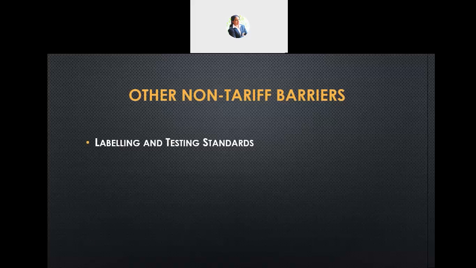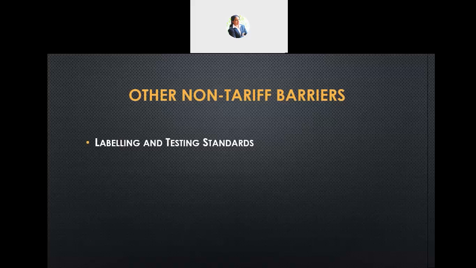Now, testing standards usually require the testing of products which come from foreign countries, and these are to be tested in the domestic laboratory so as to ensure health and the quality of the goods.